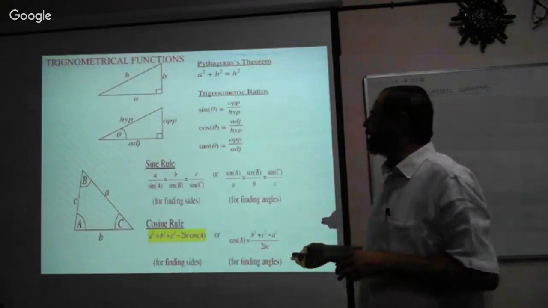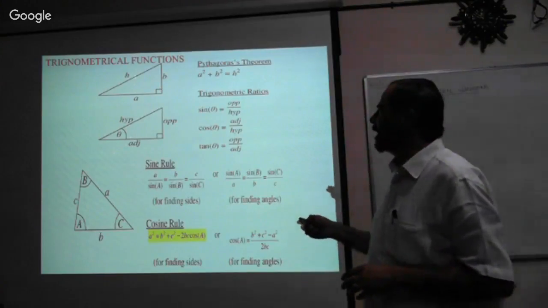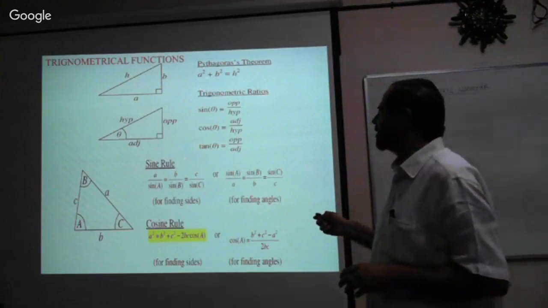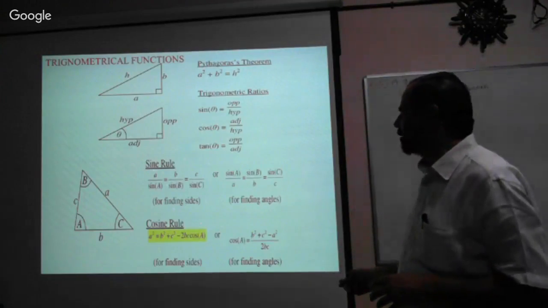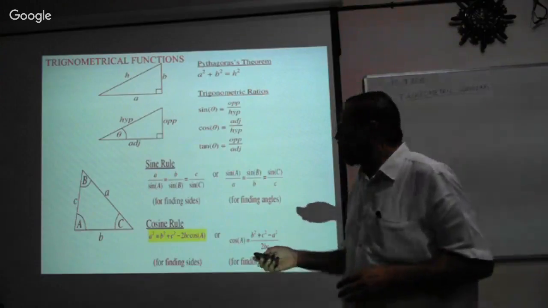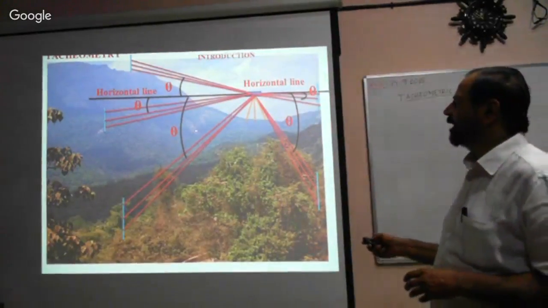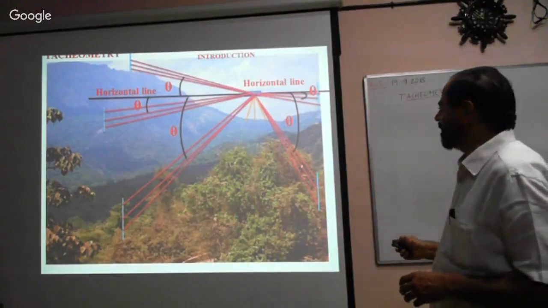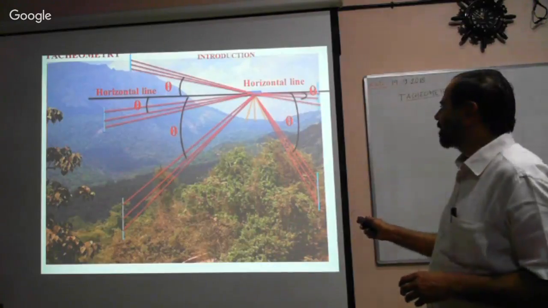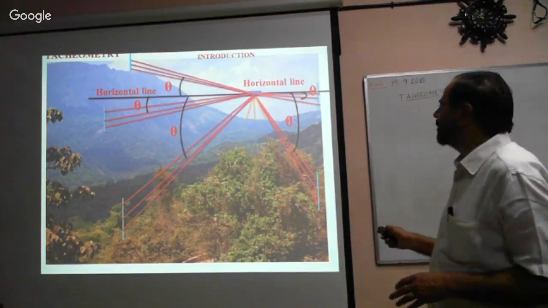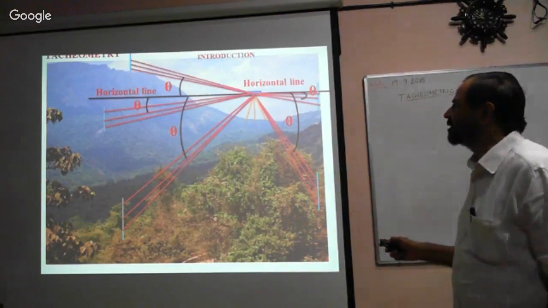Now in tachometric leveling, one should know the trigonometrical functions, sin theta, cos theta, etc. Suppose you want to know the topography of the area, we apply this tachometric method.